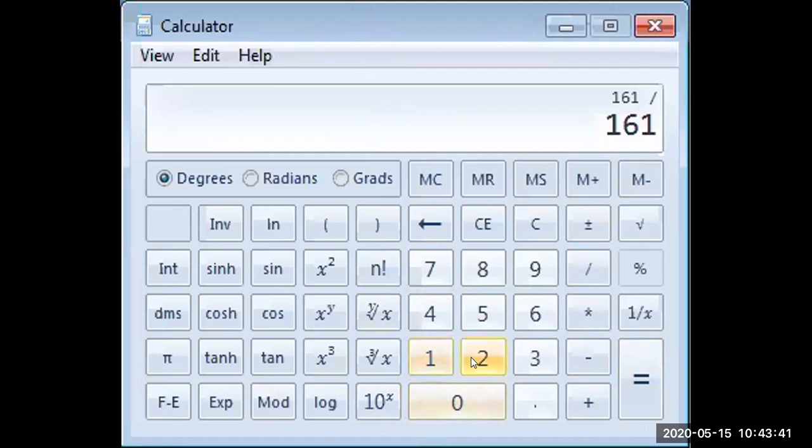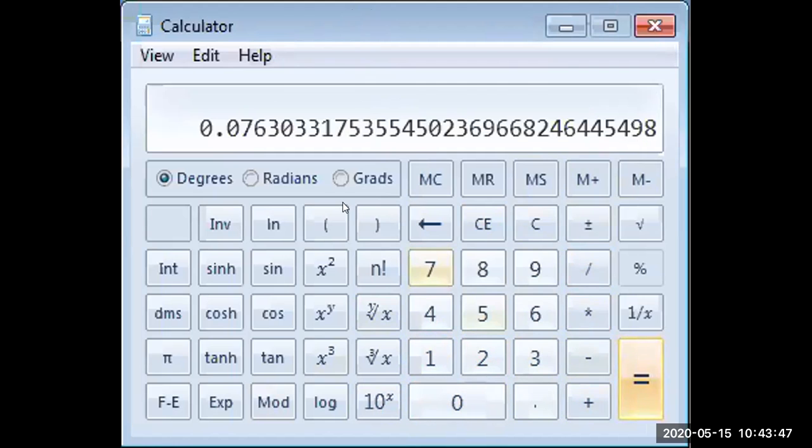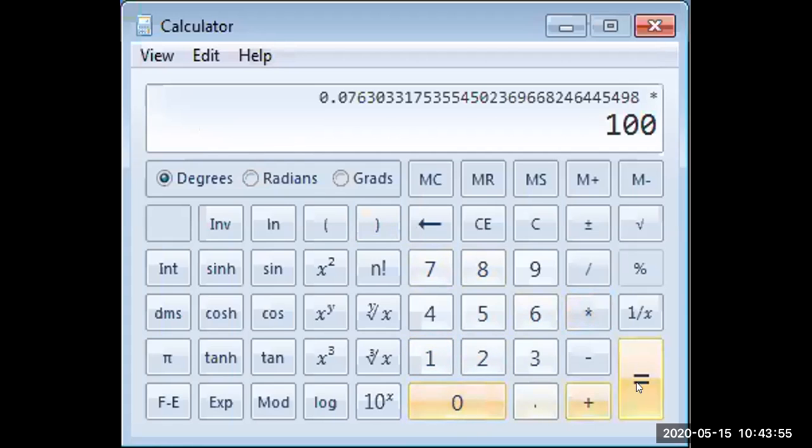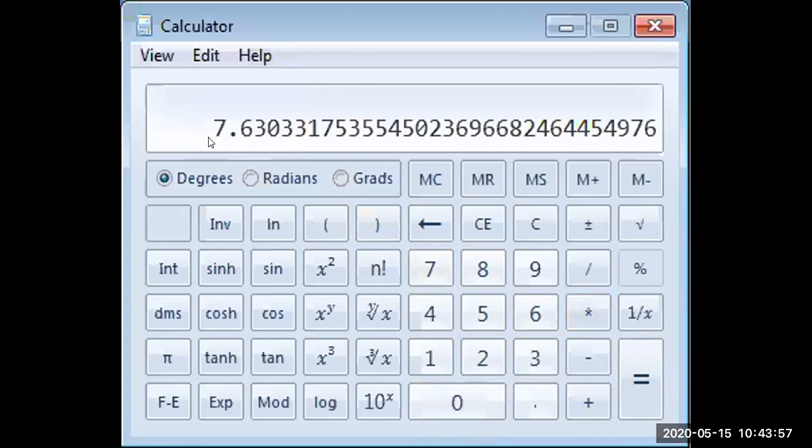So we're going to divide this by the value of last year. So that was 2,110. So we're going to get this figure here. And this is a decimal value, but to convert to percentage, we just simply need to multiply by 100. So this is going to tell us then that this is 7.63%. Now we only have to have one decimal, so that's going to be 7.6%.